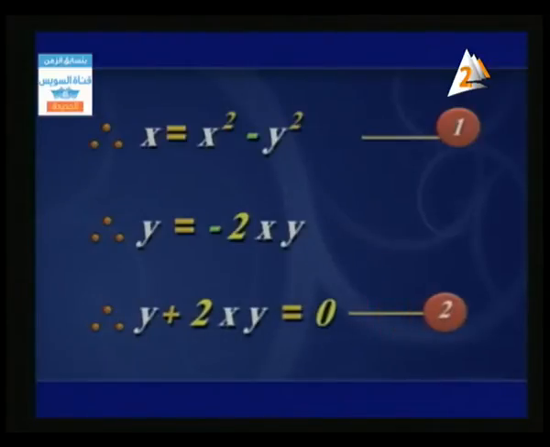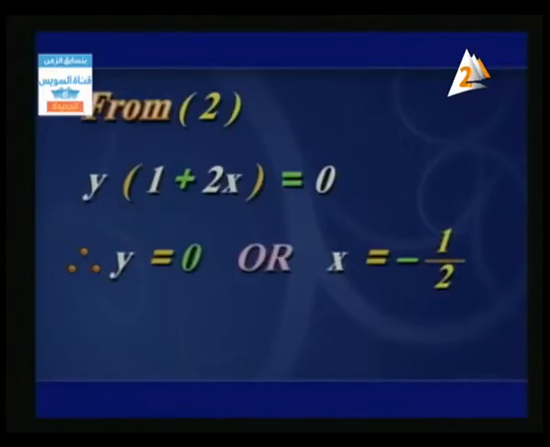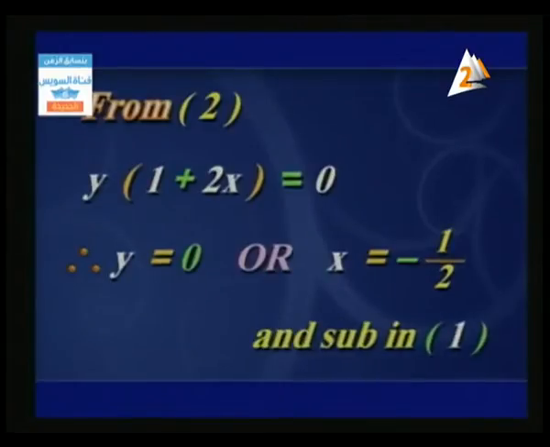Therefore, y plus 2xy equals 0, and this is equation number 2. And from 2, y times (1 plus 2x) equals 0. Therefore, y equals 0 or x equals negative half.